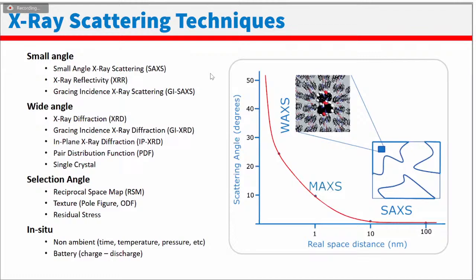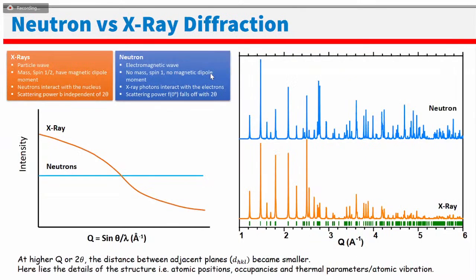Small angle is a larger distance, more nano. But if you go to wide angle, it is a different distance in real space, smaller. It depends on what we are working on.